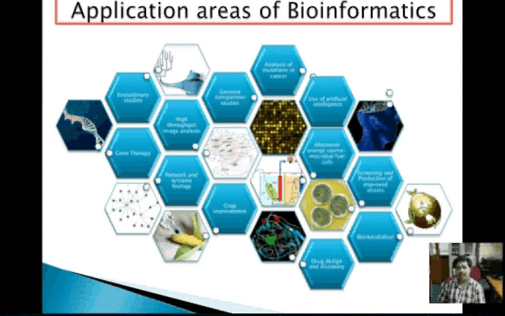Is this plastic really going to cause any problem for us? Is it really carcinogenic? Is this preservative going to cause any change in our DNA? By bioinformatics, we can really study those effects in a hypothetical and predicted manner, then prove it in the wet lab experiment and ensure a better health and life for us.